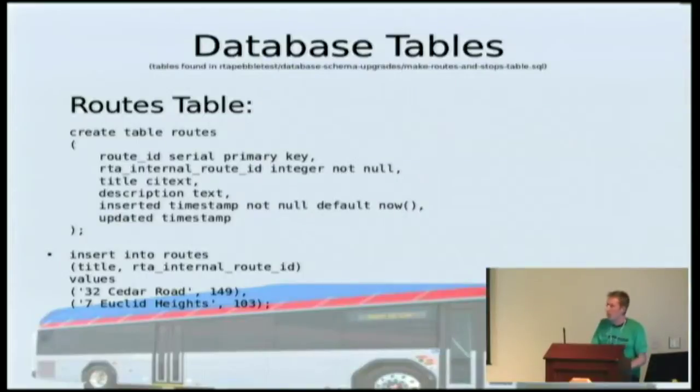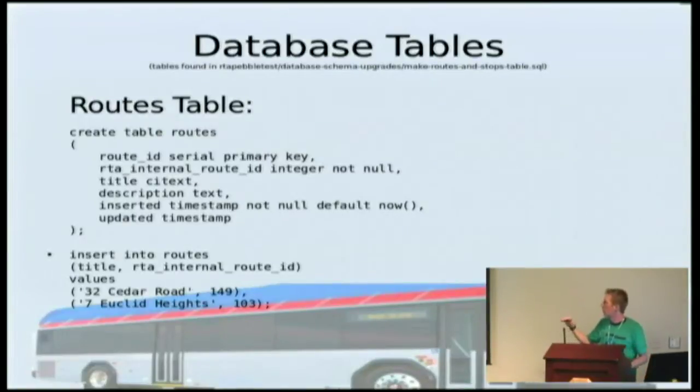Okay, so let's make a database to store all of our stuff that we get back from RTA. So I said, first I need a routes table that has a route ID that'll just be generated with Postgres. You see a column called the RTA internal route ID. Those are the ones we saw earlier when we looked at the requests from the website going out.